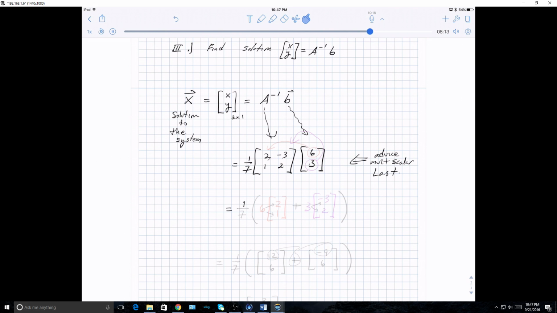So that means we have 1/7, and watch what I'll do here, I'll use the colors. So 6 multiples of the first column, so 6 times 2, 1. And let me just use black for the plus, for the combination. And we'll use purple for 3, and we'll take 3 of the second column.